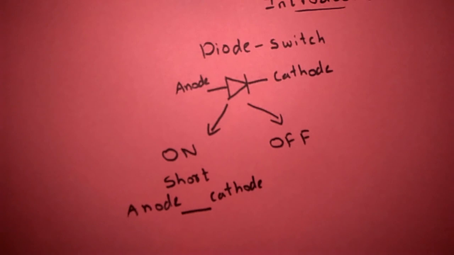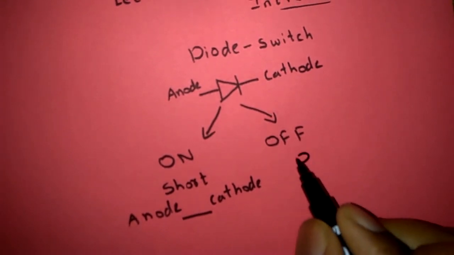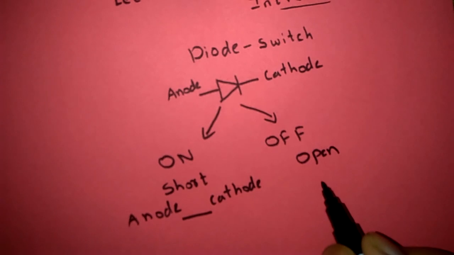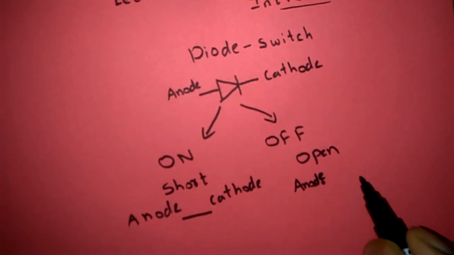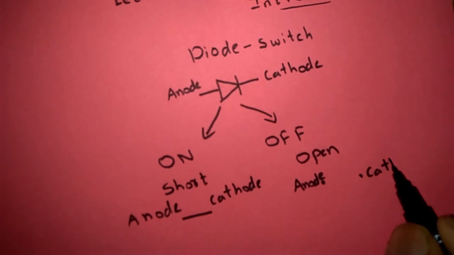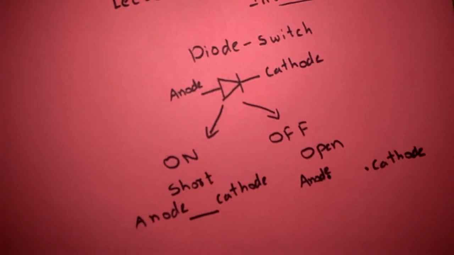So conduction will take place in on state. Whereas in the case of off, diode acts like an open circuit. That means there is no connection between anode and cathode. So conduction will not take place in off state.